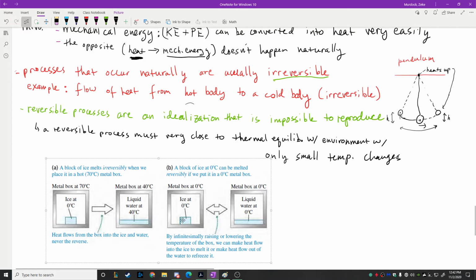So we have ice, we put it into a metal box, and it says by infinitesimally raising or lowering the temperature of the box, we can make heat flow into the ice and melt it, or make heat flow out of the water and freeze it. So by taking a metal box at 0 degrees Celsius, if we increase the temperature of the metal box to 0.1 degrees Celsius, it should melt the ice, given enough time, right? It should melt the ice.